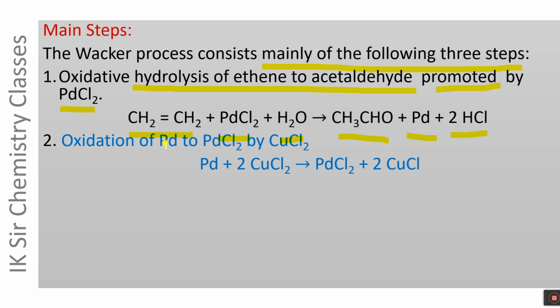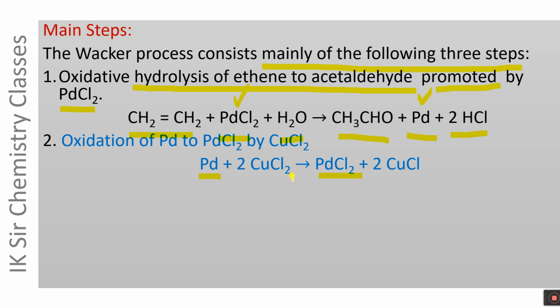Second step, oxidation of Pd to PdCl2 by CuCl2. In the first step, PdCl2 is reduced to Pd and then it is oxidized back. Pd is oxidized back to PdCl2 by CuCl2.